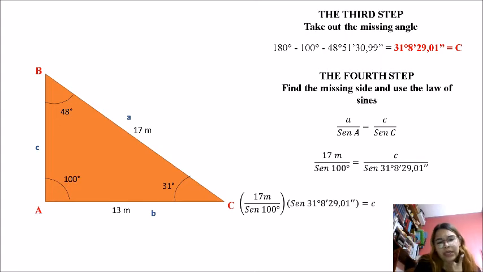So we end up with the following equation: 17 divided by the sine times the sine, which equals 8.92 meters, giving the answer for all measurements needed. Thank you.